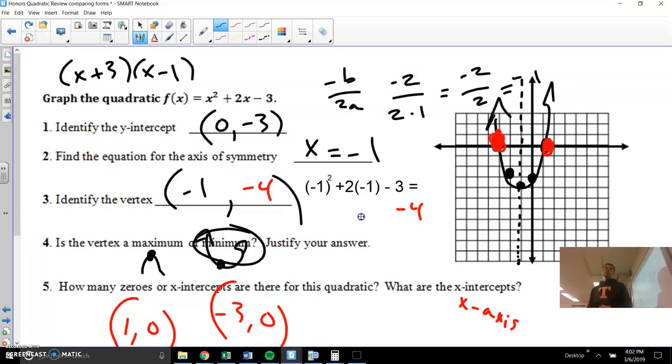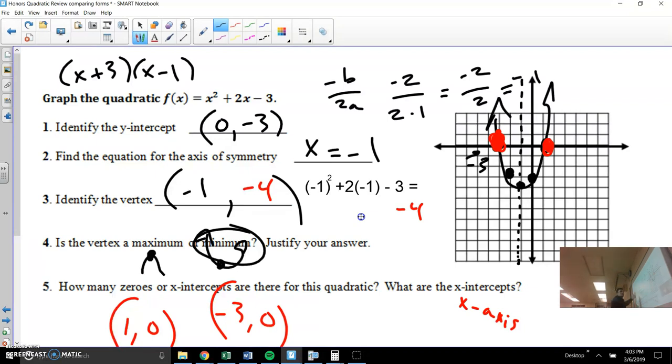So I want to go back for a moment to number 1 and show you something that's really important to understand. If I was to factor this standard form and change the way it's written into factored form, if you notice, what makes each of these 0 are these red points that I have on the graph. So for example, negative 3 plus 3 is 0. That's this x-intercept there.